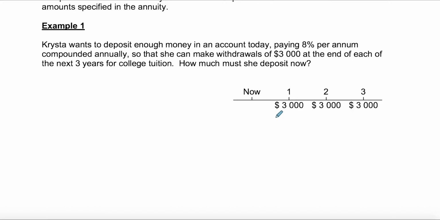Most people would say, well, she just has to put in $9,000 and she'd have enough money. But the idea is she's actually going to make interest on the money that she deposits today.